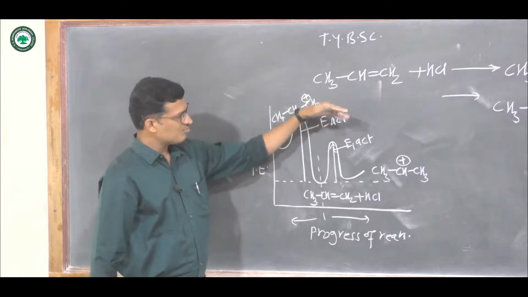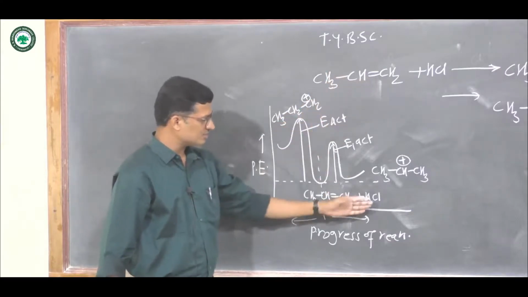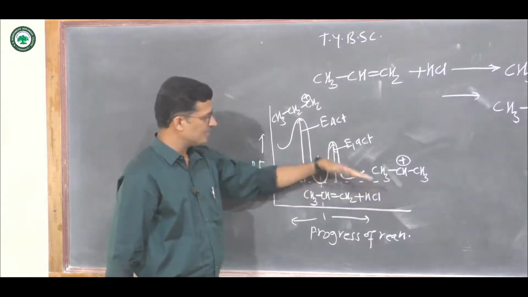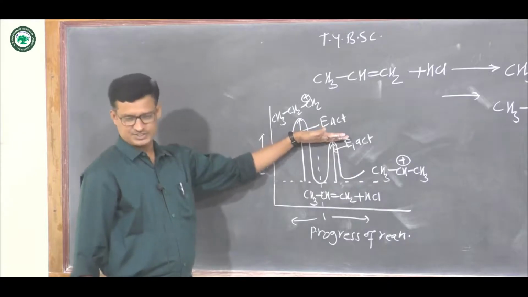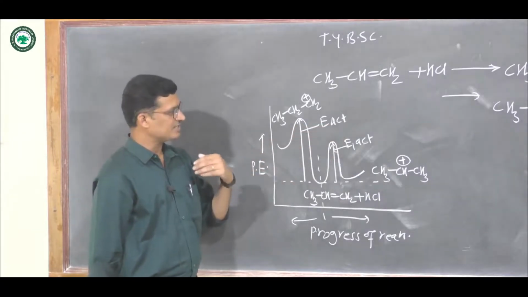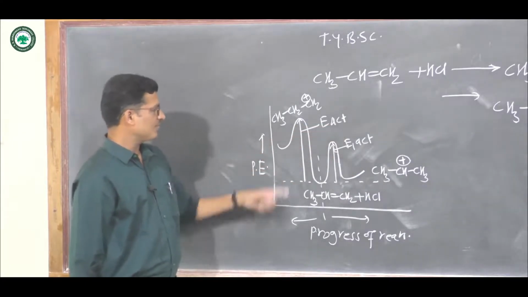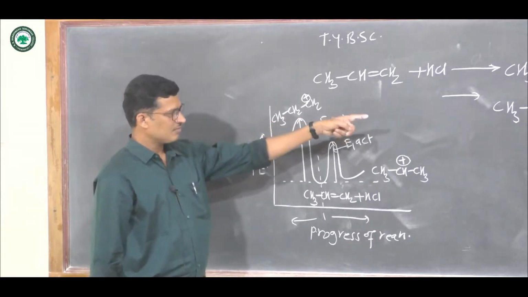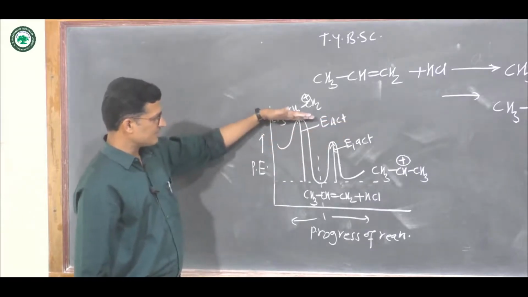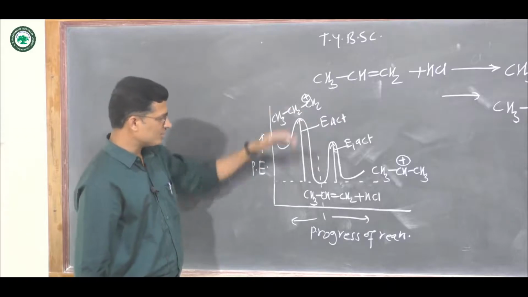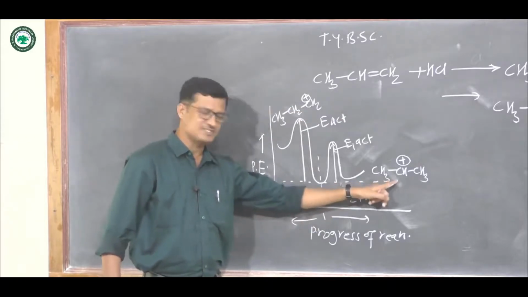So why is the first product major? Because there is formation of a secondary carbocation, it requires less energy to form, and rate of reaction is more. But when the other compound is formed, it requires more energy, because the secondary carbocation is more stable.